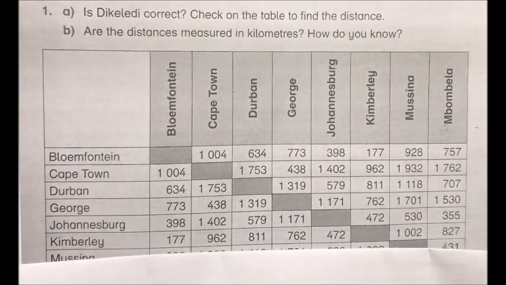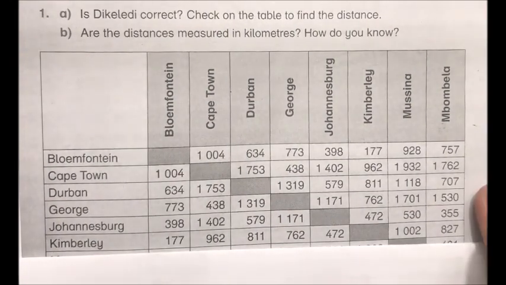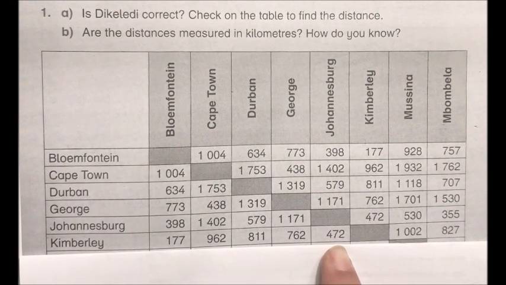So if we look at the distances involving Kimberley, we can put our ruler underneath that row. So here we have Kimberley, and we've got a lot of numbers. 177, 962, 811, 762, 472, 1002, and 827.